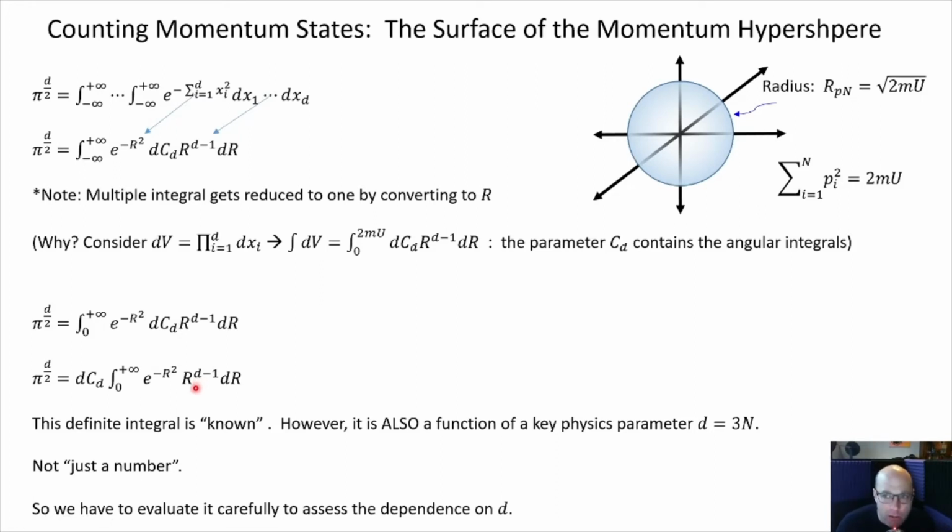And in our calculation, d is a physics parameter, right? d is 3n, where n is the number of atoms. And so this is not something that we can just sweep into a number we can pull from a table. It actually would change depending on the physical system, right? And so we have to work carefully with this integral to figure out the dependence on this physics parameter.